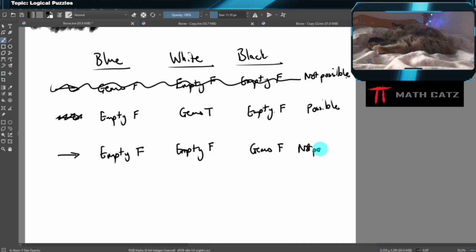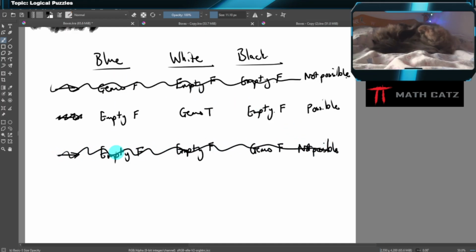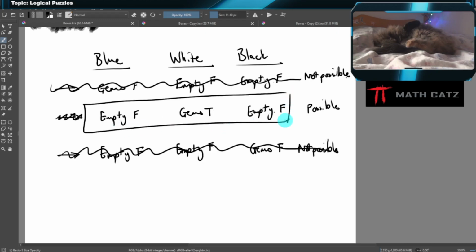That is not possible, but that is a good thing for where I am in this problem, because it shows that this is also not possible. In my list of 3 possible results or answers that could happen, I eliminated all but one, and therefore this one must be correct, and the gems are in the white box.